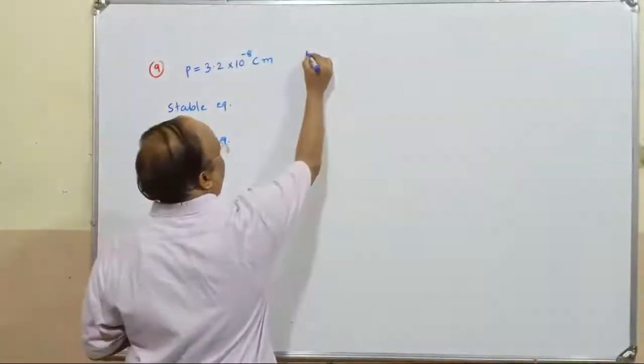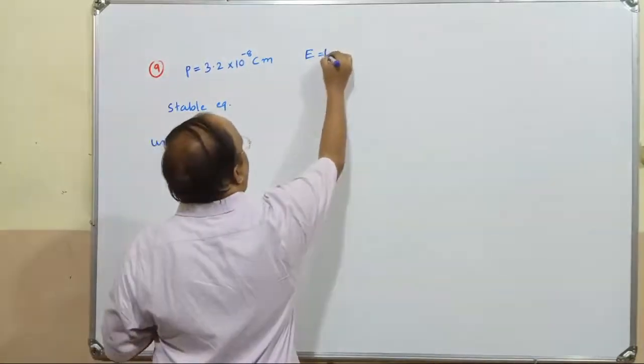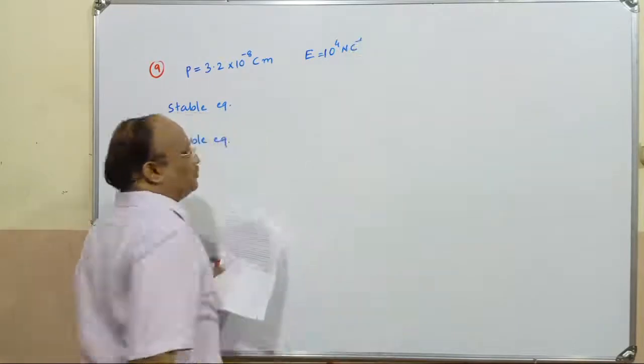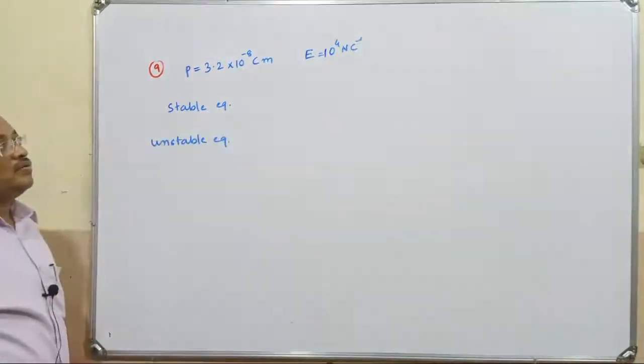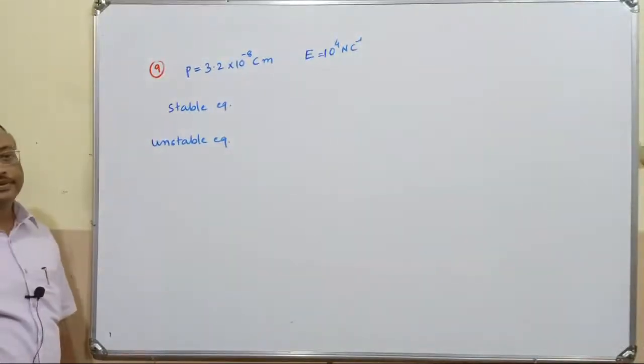What is the electric field? E is equal to 10 to the power of 4 Newton per coulomb.